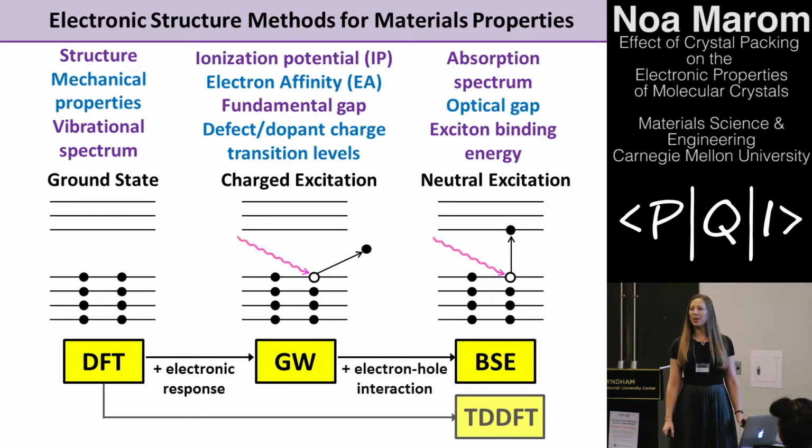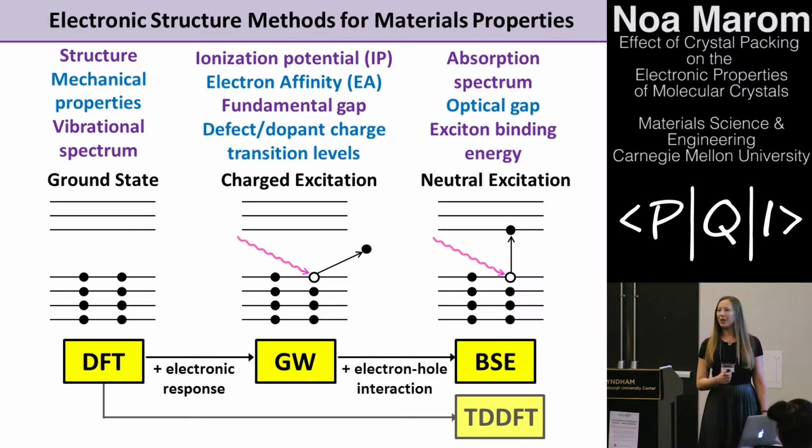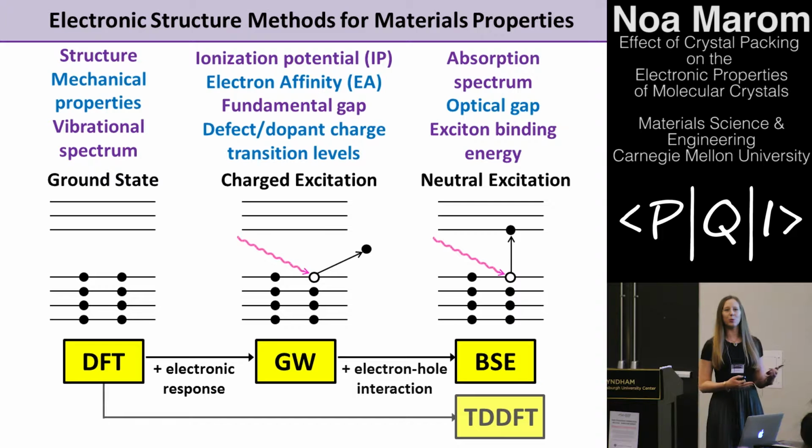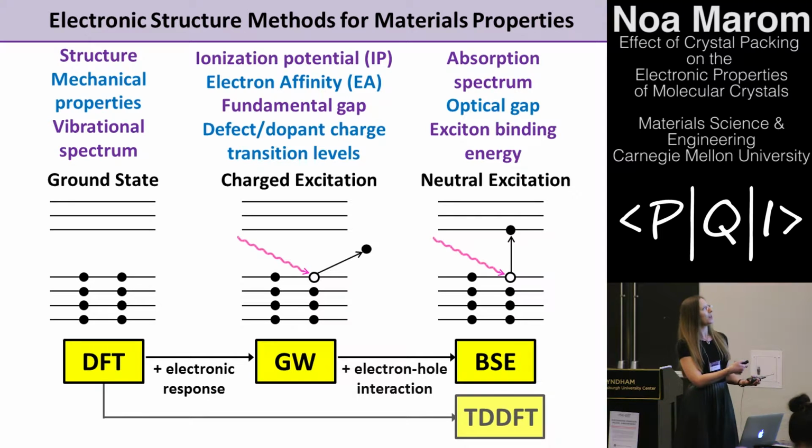But many properties of interest are actually associated with electronic excitations. So one set of properties here are associated with charged excitations. That's when an electron is being added or removed from your system. And these properties include things like ionization potentials, electron affinities, band gaps, and so on.